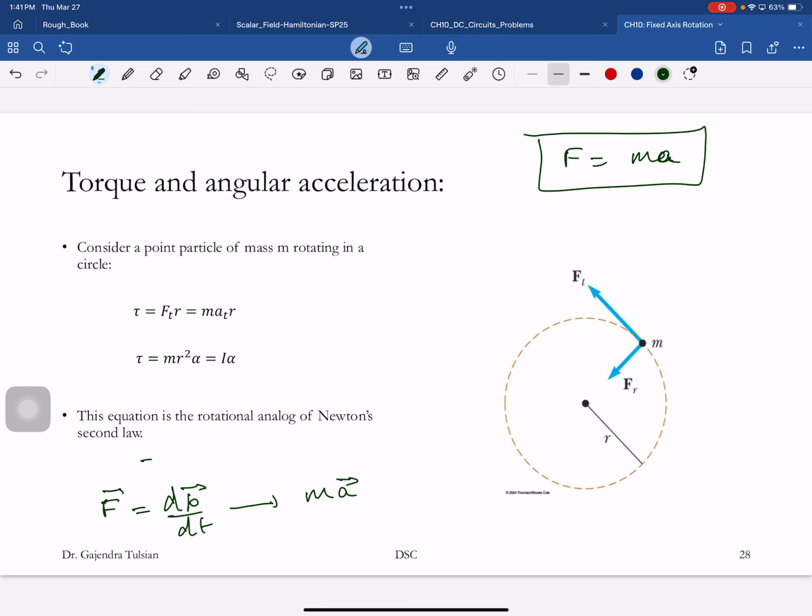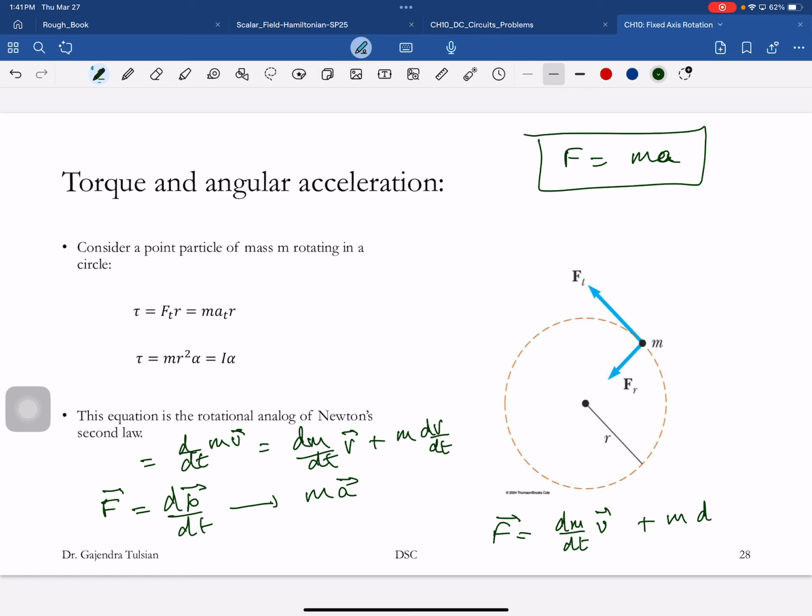So see, this was d by dt of m times velocity, dm by dt times v plus m times dv by dt. So the most general form for force is dm by dt v plus m dv by dt, which is a.